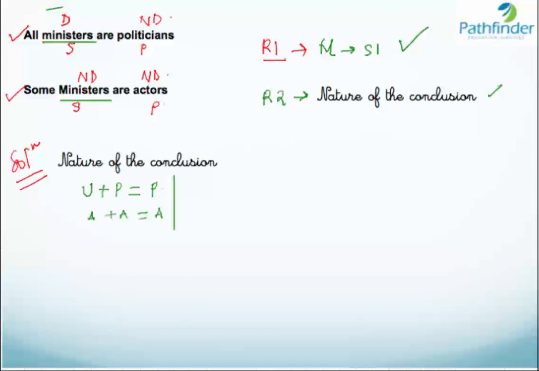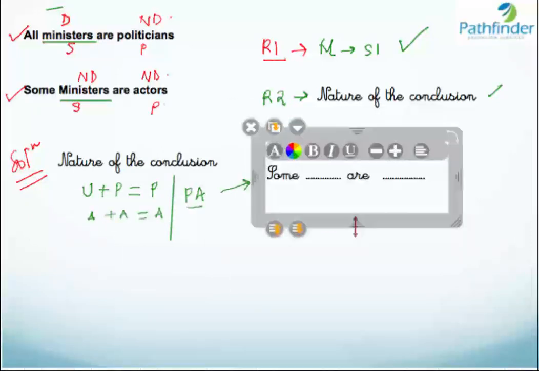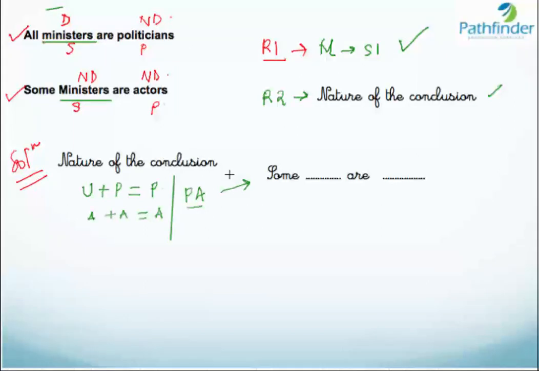So what can we say about the conclusion? The conclusion must be particular and affirmative. So what is the format of particular affirmative statements? So particular affirmative statements are of the form some dash are dash.